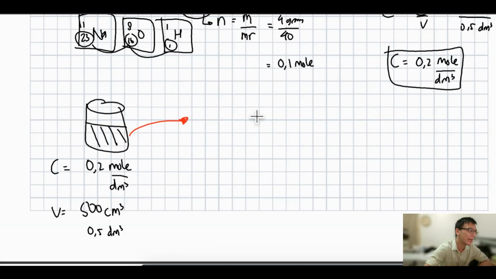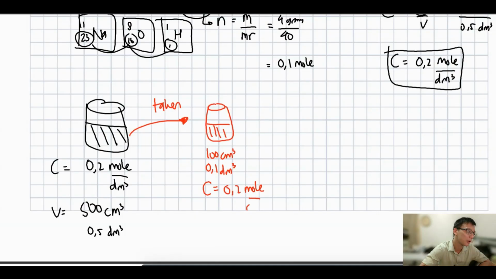Let's say that you take only 100 centimeter cube, or only 0.1 decimeter cube. Because you just take it without mixing it with other water or doing anything else, the concentration would still be the same. It is taken from the same source. So the concentration would still be 0.2 mole over decimeter cube.